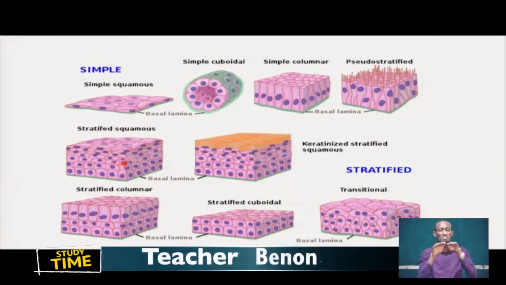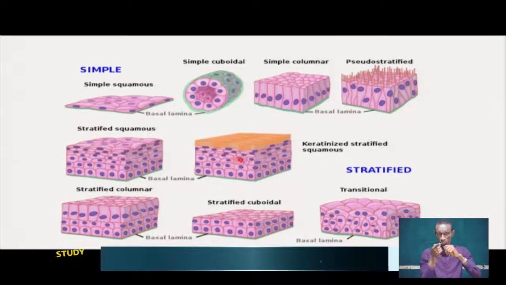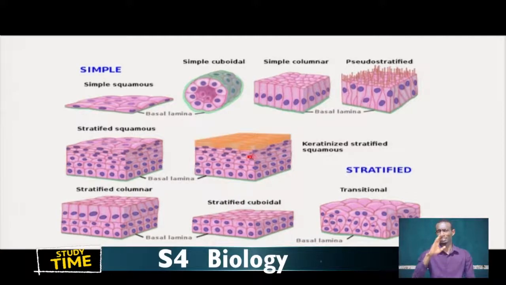This is stratified squamous. Then this one is keratinized stratified squamous. That means when you see on top, this is keratin, and keratin is a protein we have talked about, which we find in hair, skin, and our nails. You can see it is stratified because we can see many layers of cells, and then on top we have keratin.